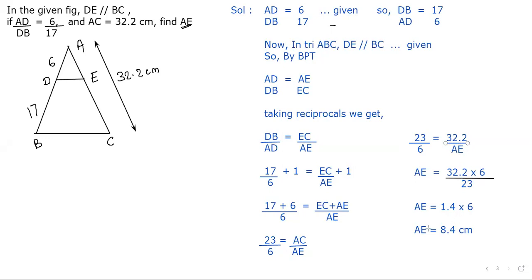Children, are we understanding what we are doing? Yes or no? Good. Very good. Question number 2.